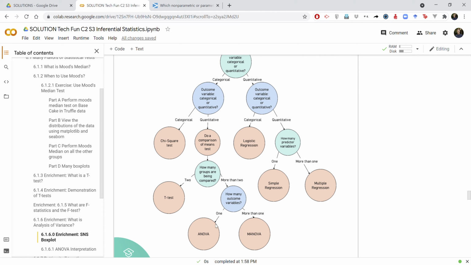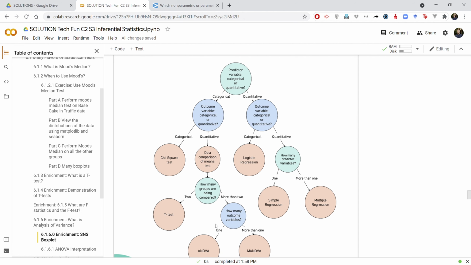You might be asking, where does Mood's median come into play? Mood's median, as we said above, is a particular version of the chi-squared test statistic. It is the chi-squared test statistic, except we have pseudo-created a categorical variable here by taking the quantitative variable, that is the rate, and creating a new group that describes whether the rate for any individual observation is above or below the grand median.